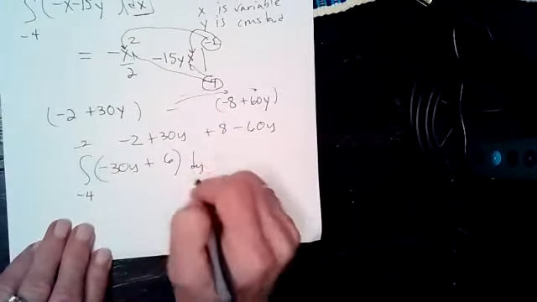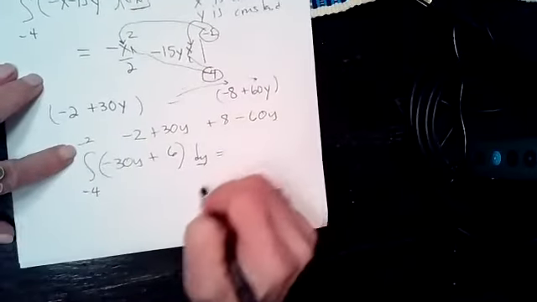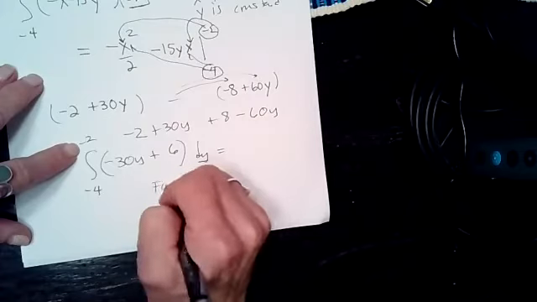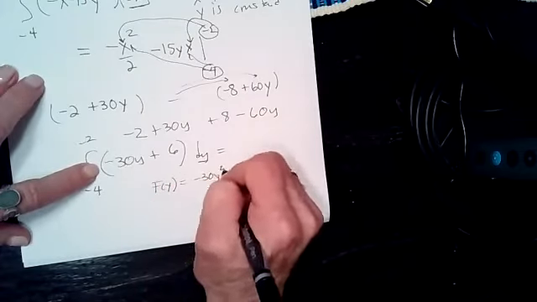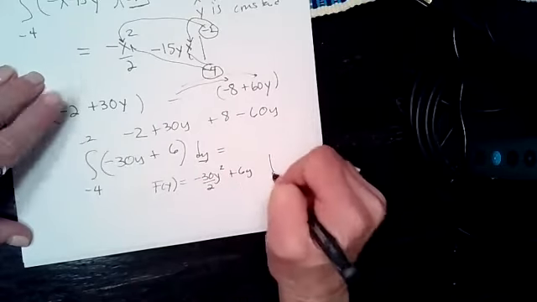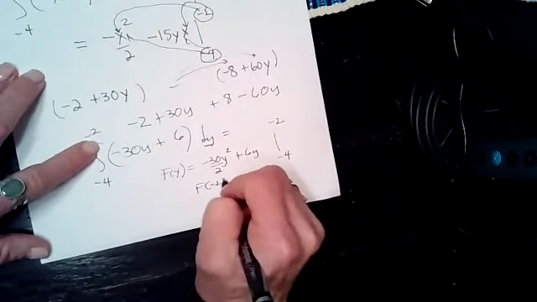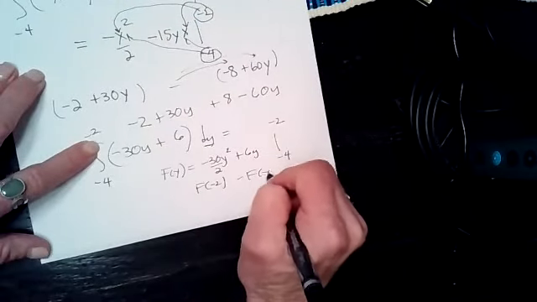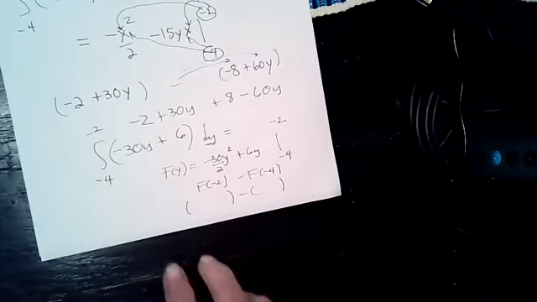And this is just one variable with respect to y, so it's normal. And so my antiderivative with respect to y is negative 30y squared over 2 plus 6y from -4 to -2. So once I get to the end, I like it because I can use my calculator.